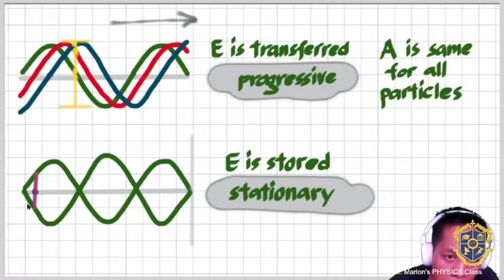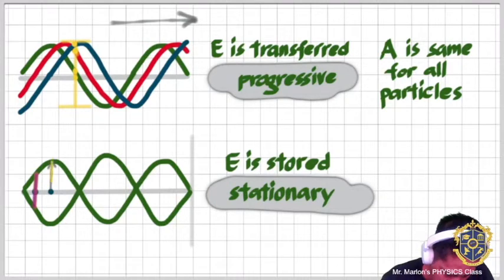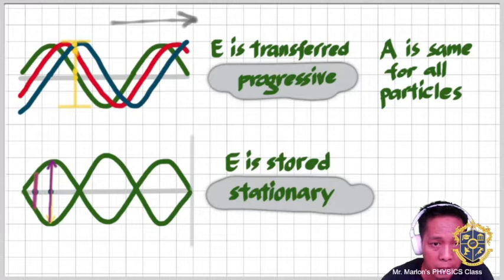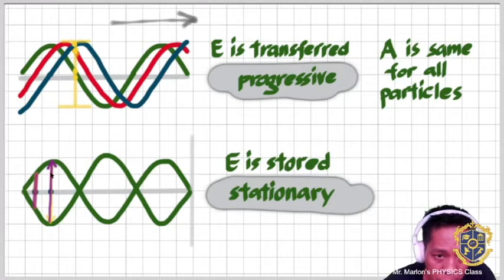The amplitude here may be different from the amplitude of this particle around here. This particle can go there, down there also, and up. If you compare these two, this one can reach a higher location than this particle.